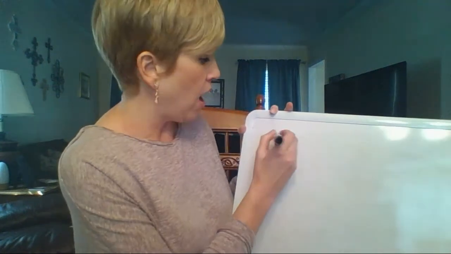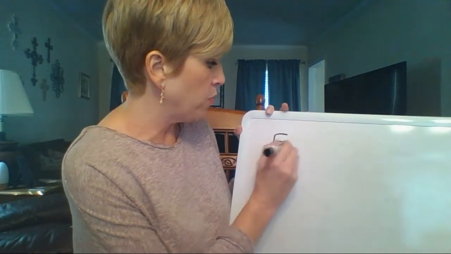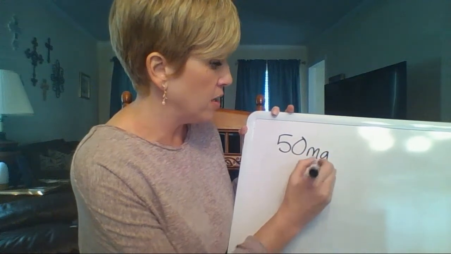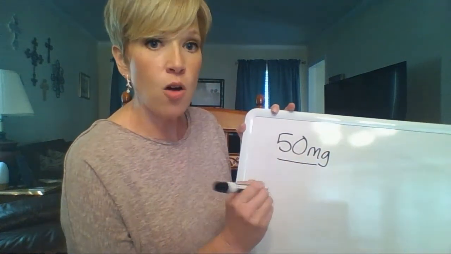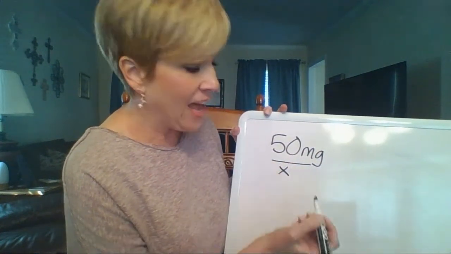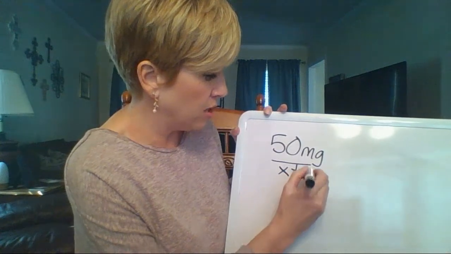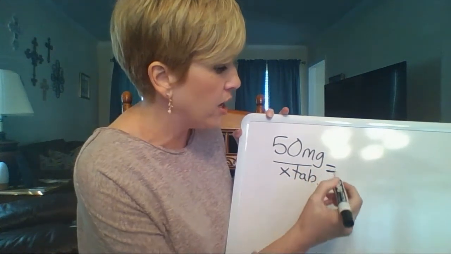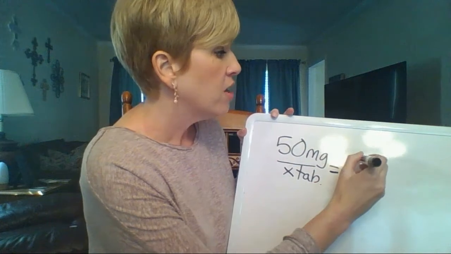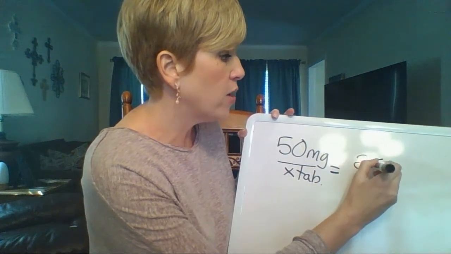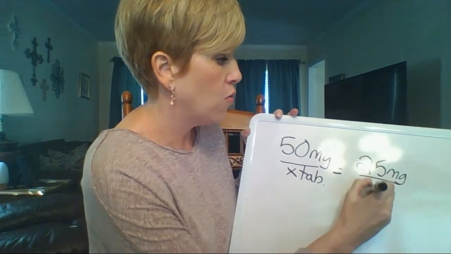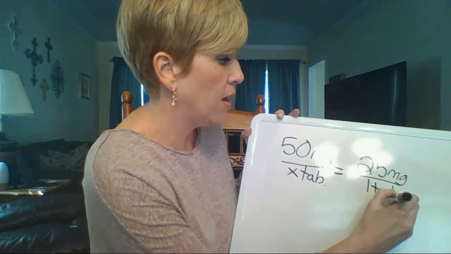I always put down what they're supposed to get: 50 milligrams over X tablets, because we don't know yet how many that is. And then I put what we have: 25 milligrams over 1 tablet.